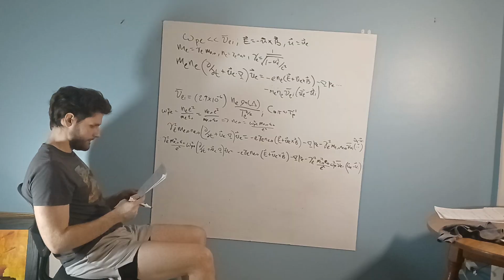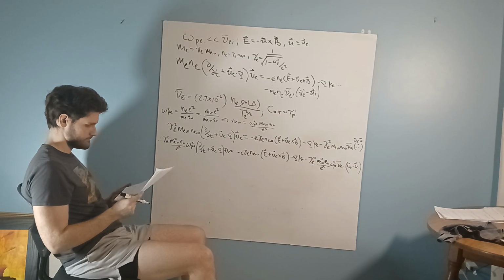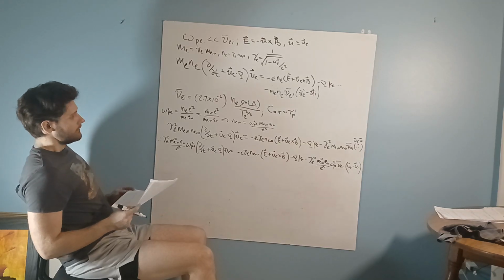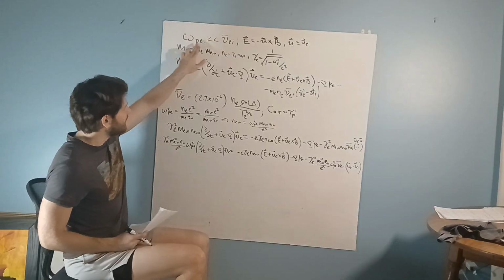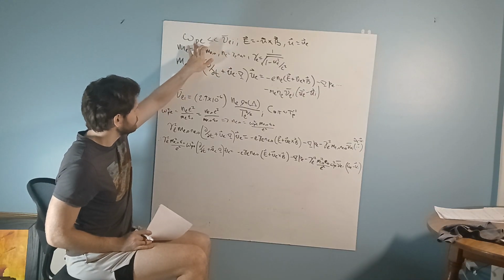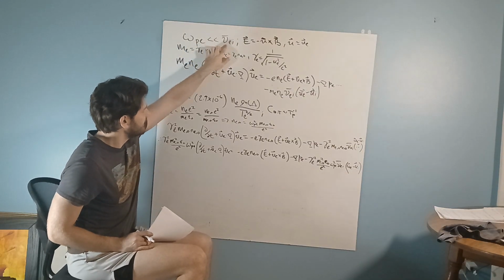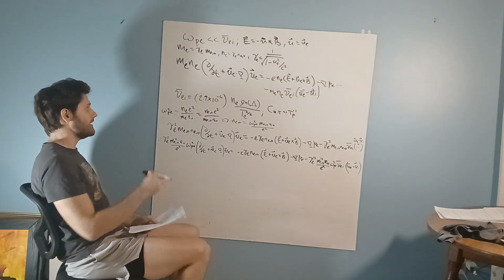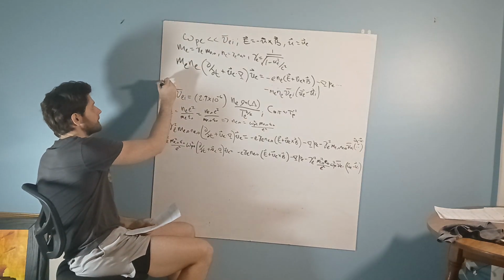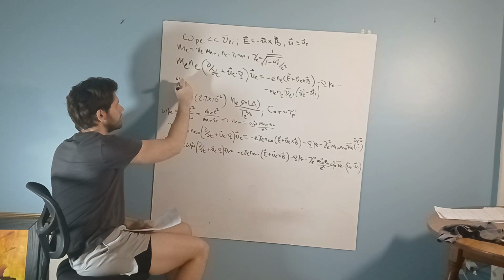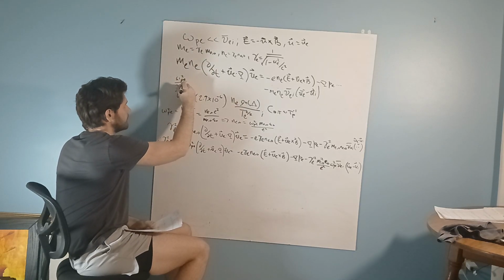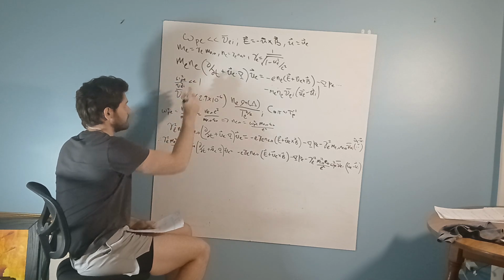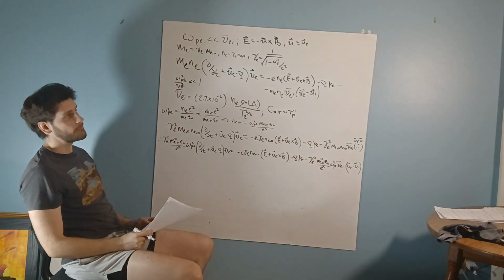All right. So the next thing we're going to do is we've got this, that the electron plasma frequency is much less than the collision rate, okay? Therefore, the electron plasma frequency squared over the square of the collision rate is much less than 1.